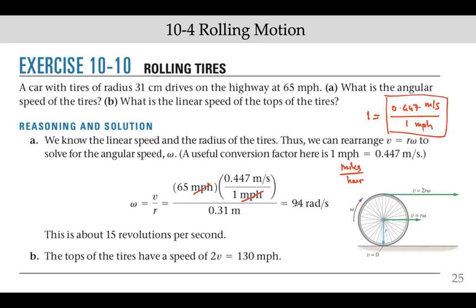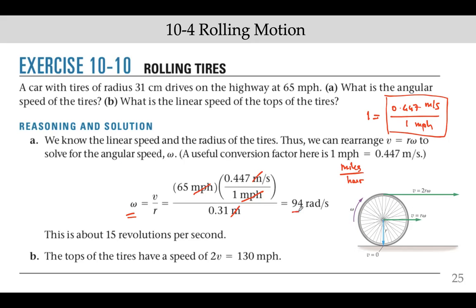And of course, this is angular, so you also have to add the radians. Even though it's not seen here, you have to add radians by hand. But 1 over second is coming from here, because these meters will also cancel. So what's left here is 1 over seconds.